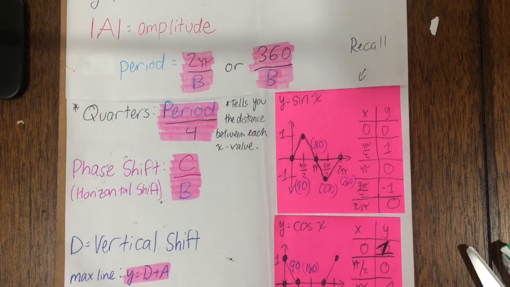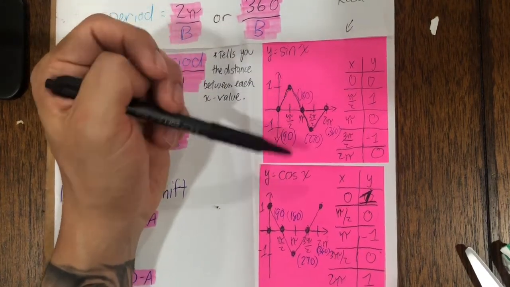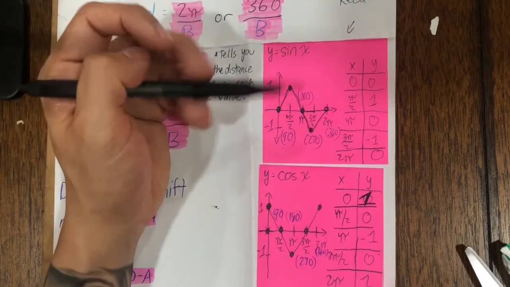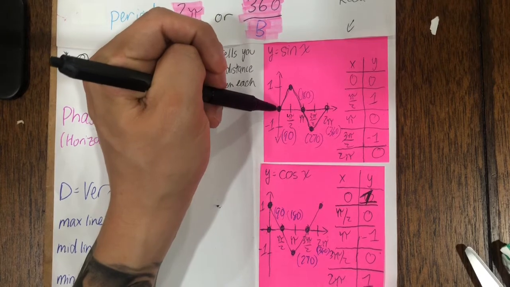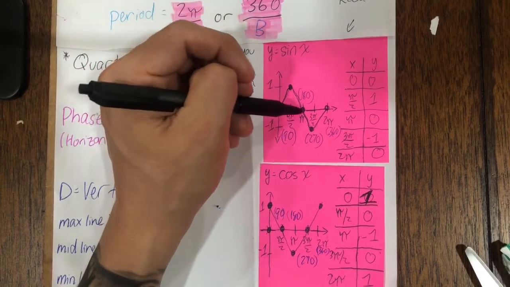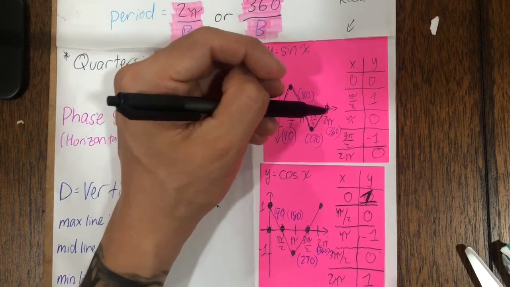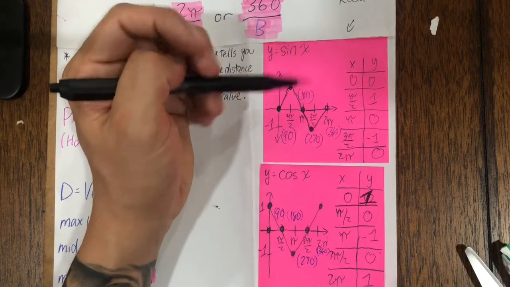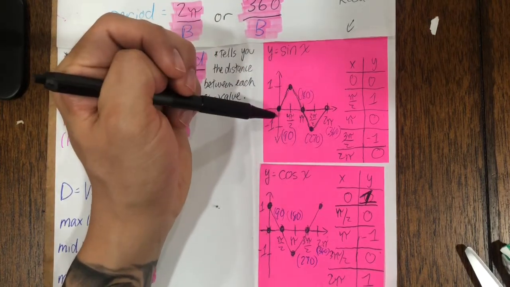Before we get into the examples, let's recall the two graphs for the original sine and cosine functions. For the sine, we're starting off at (0, 0). Then we go to (90, 1), (180, 0), (270, -1), and (360, 0). We could actually describe a pattern for this graph.